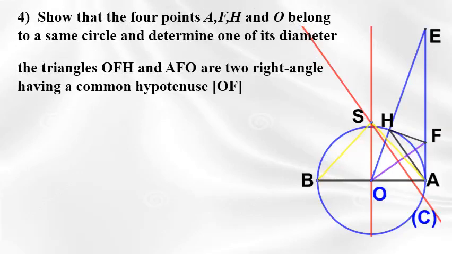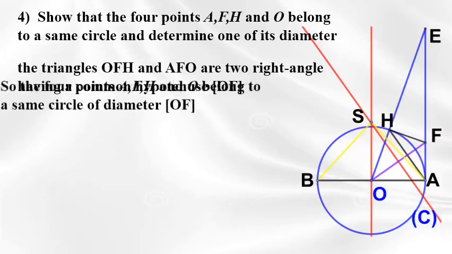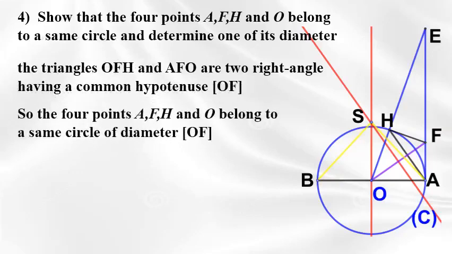The triangles OFH and AFO are two right angle triangles having a common hypotenuse OF. So the 4 points A, F, H, and O belong to a same circle of diameter OF. This is the circle in green.